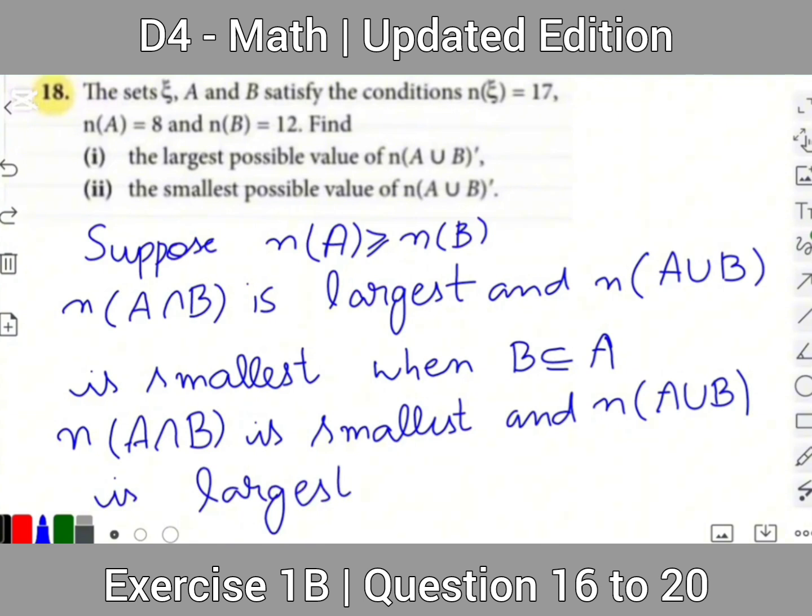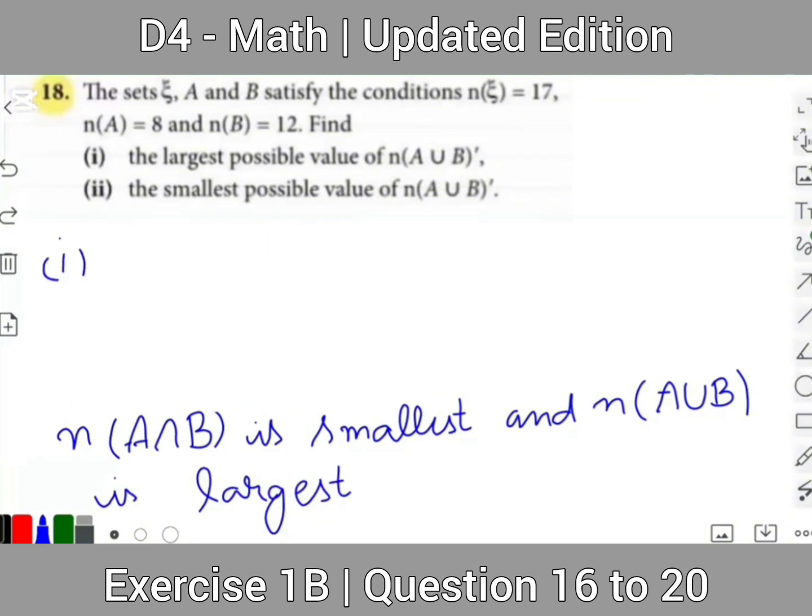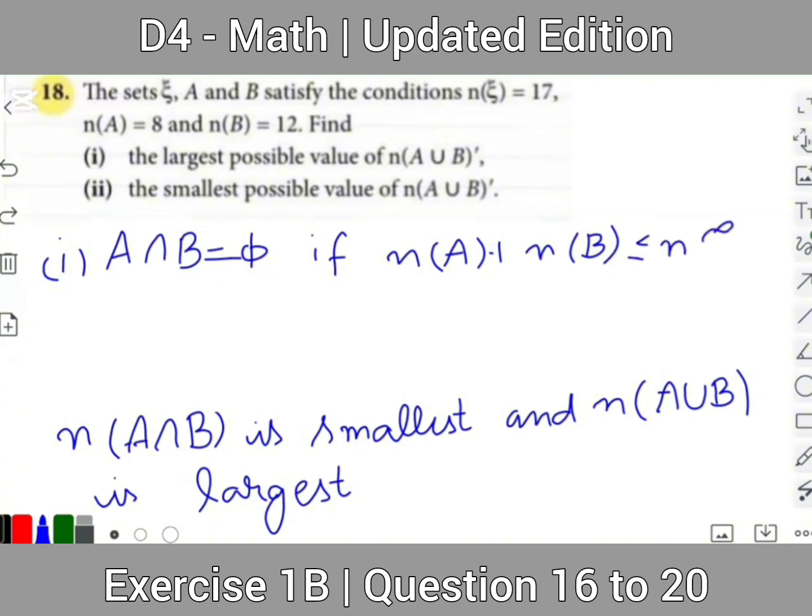Then we have two conditions. The first condition is if A intersection B is equal to 0, it means A and B are disjoint sets, if n of A plus n of B is less than or equal to n of eta.